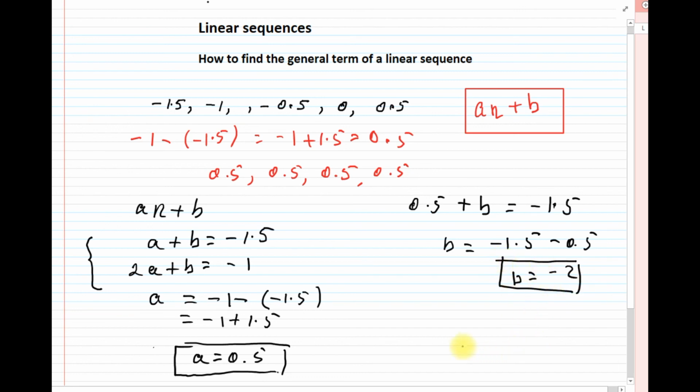So my sequence, let's write this in a different color, my sequence will be 0.5n minus 2.